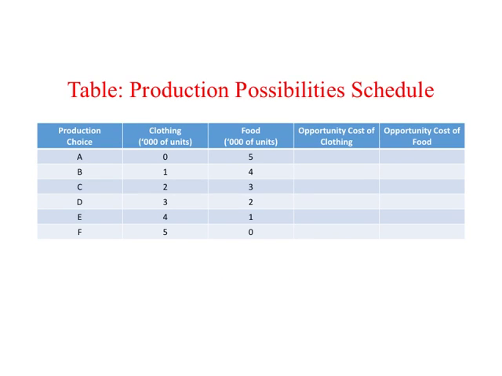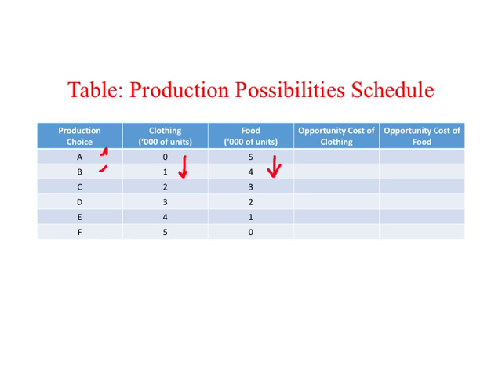Consider this table again. Suppose this country wants to move from a point like A to a point like B. What it is doing is increasing production of clothing, and as it does, it is giving up some amount of food. So when this country decides to increase production of clothing, it will incur a cost. And what will be that cost?